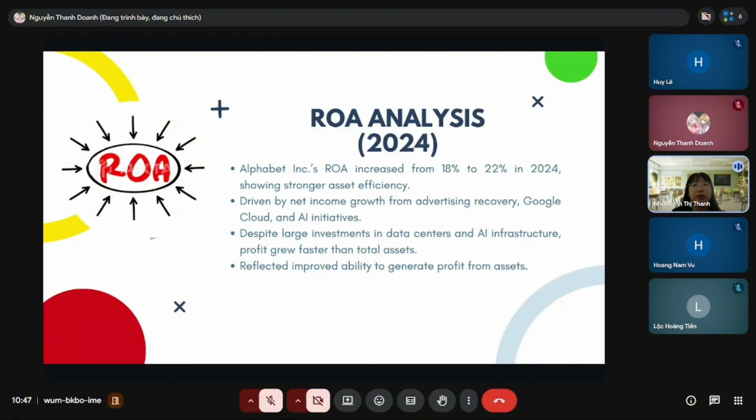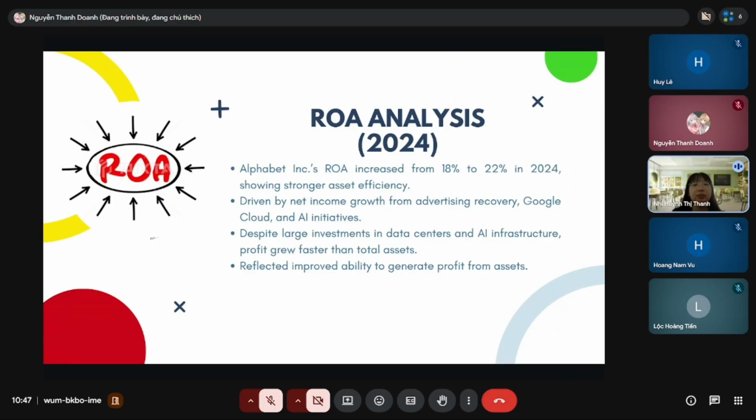And this slide shows Alphabet's ROE increased from 18% to 22% in 2024. ROA, return on assets, measures how efficiently a company uses its assets to generate profit. The improvement was mainly driven by higher net income from advertising recovery, Google Cloud growth, and AI initiatives.